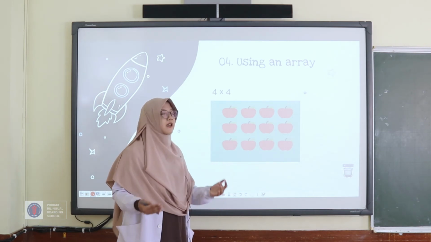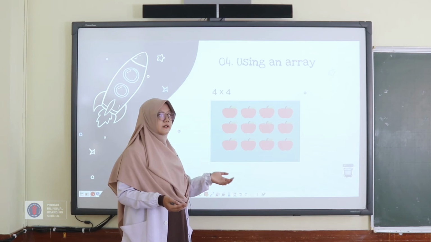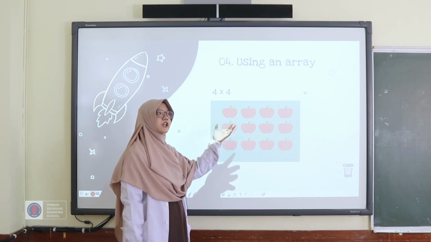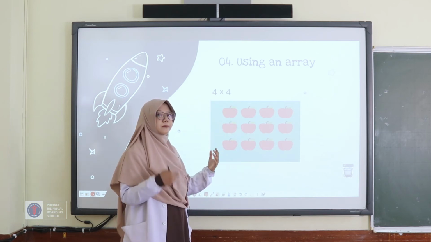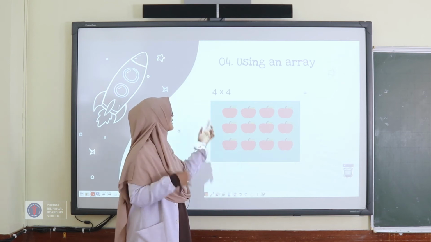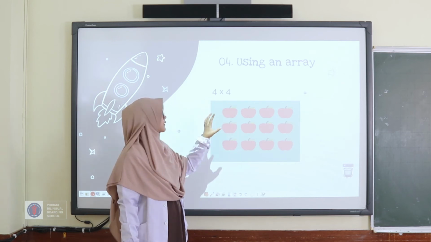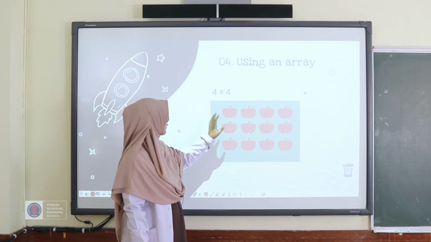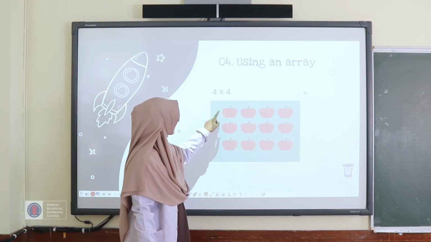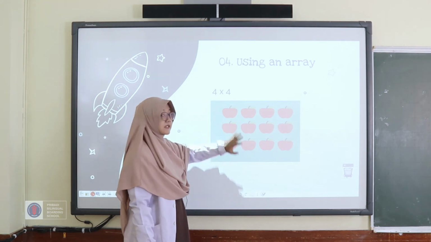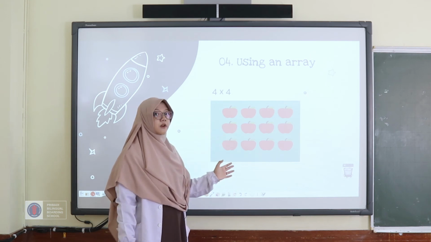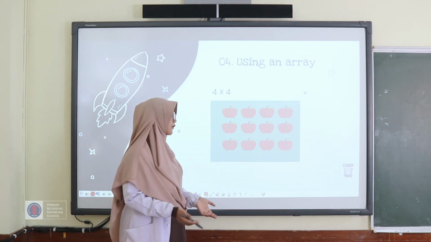So this method we can use for simple multiplication, for example 3 multiplied by 3. We can just use an array, but for larger numbers, it's not recommended.